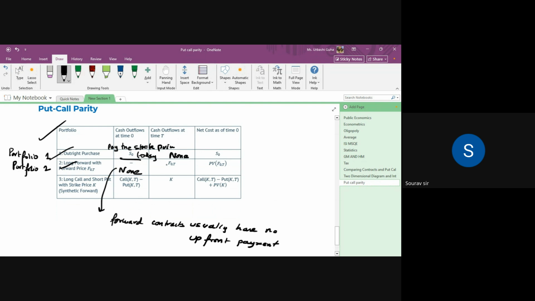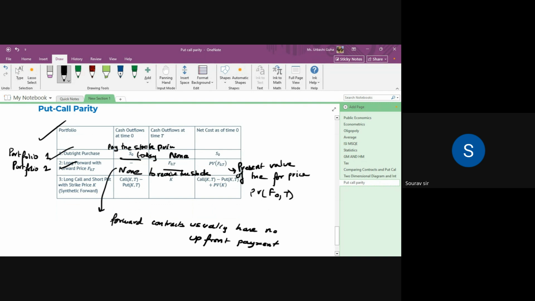Cash outflow at time T: you pay F0 to receive the stock. And here it is the present value of the forward price, so PV is F0 discounted, because we must discount the payment back.